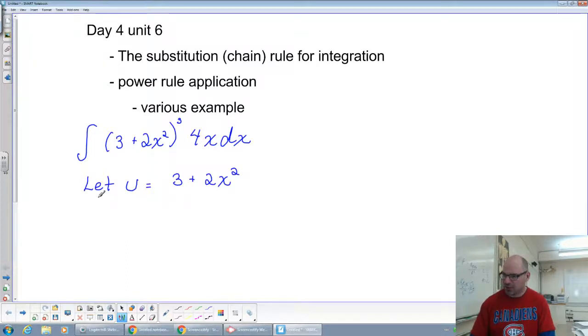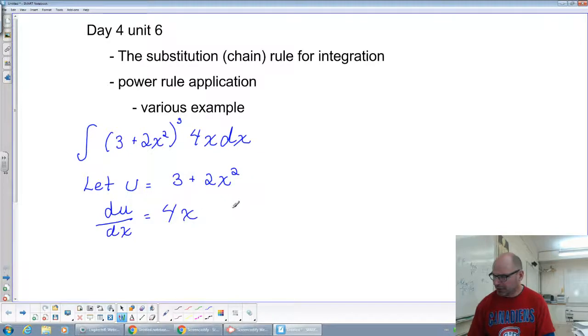If we take du/dx, that's the derivative of u with respect to x. The derivative of 3 is 0, and the derivative of 2x² is 4x. So you notice it's right there, and that's handy for us because there's some canceling.